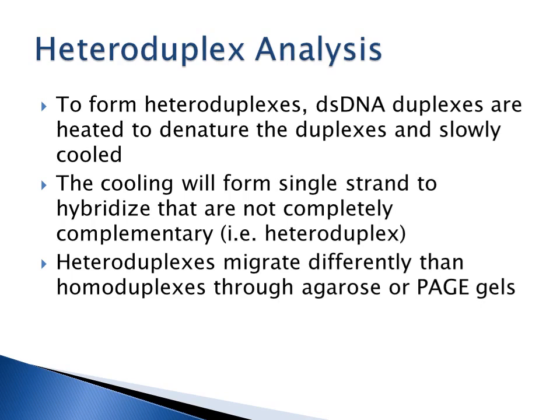If you slowly cool those single-stranded DNA fragments down, they are going to hybridize, and they won't necessarily hybridize to their exact complementary other half. So you're going to get double-stranded DNA that are not identical complementary sequences, and that's what a heteroduplex is. Heteroduplexes are going to migrate differently than homoduplexes through an agarose or a polyacrylamide gel.